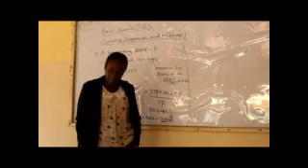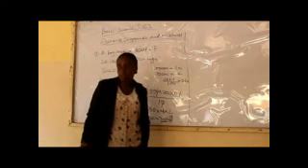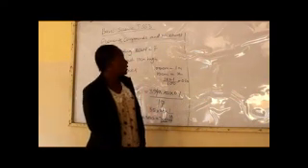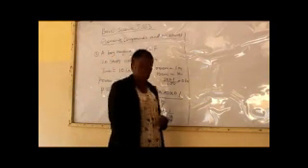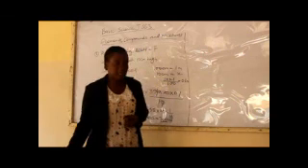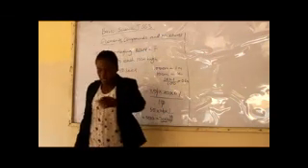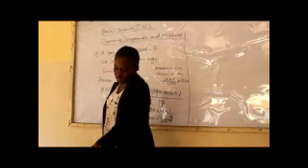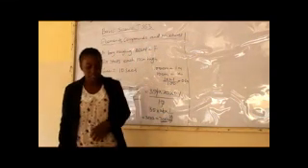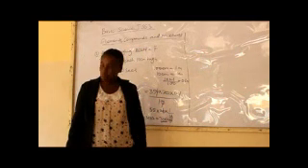So let's begin with the word element. What do we mean by an element? Definition of an element: an element is a substance which cannot be split into simpler units by an ordinary chemical process.